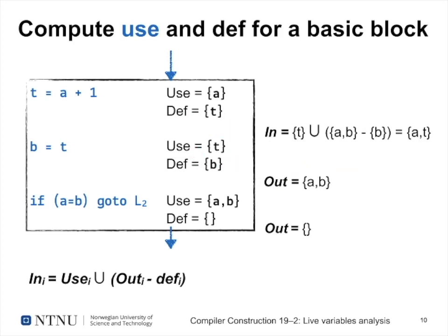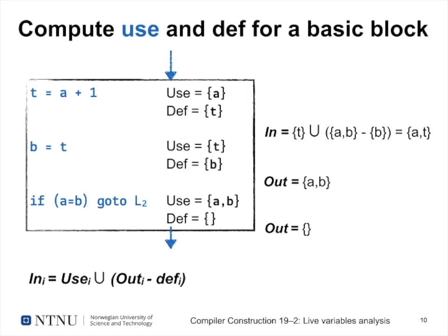So we say in is equal to our use, which is t here, joined with our out variables, which is AB, and from this we subtract our def variables, which is b. So AB minus b is variable A, and together with t is a set of variables A and t.